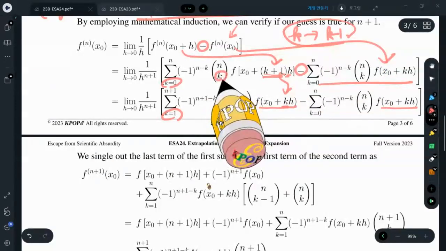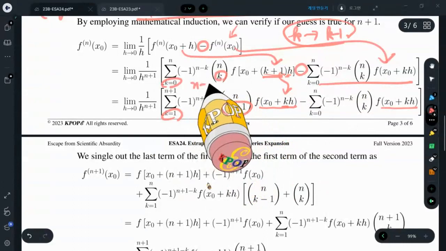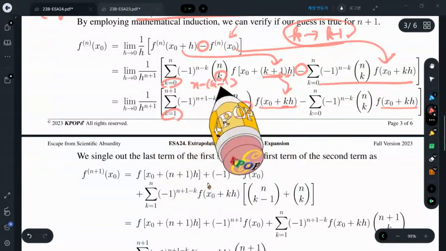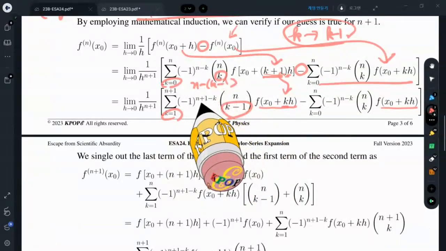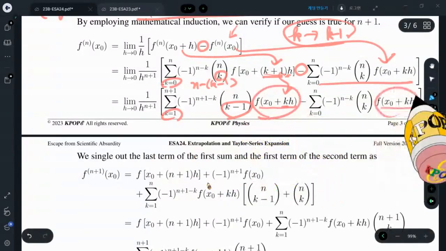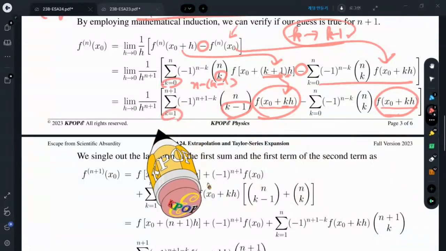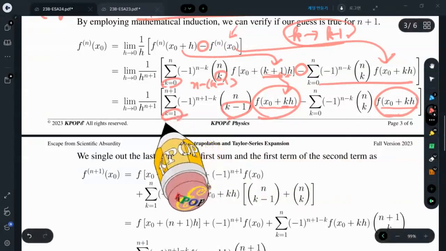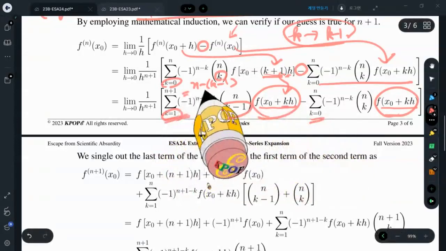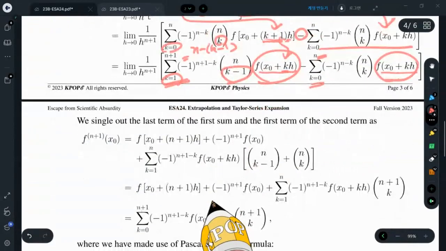Because of that, k has been shifted by k minus 1, and n minus k minus 1 is n minus k plus 1. Okay, everything is fine. So I can combine these two terms, except that you need to be careful. The starting points and end points are different, so you need to consider the beginning and end points.